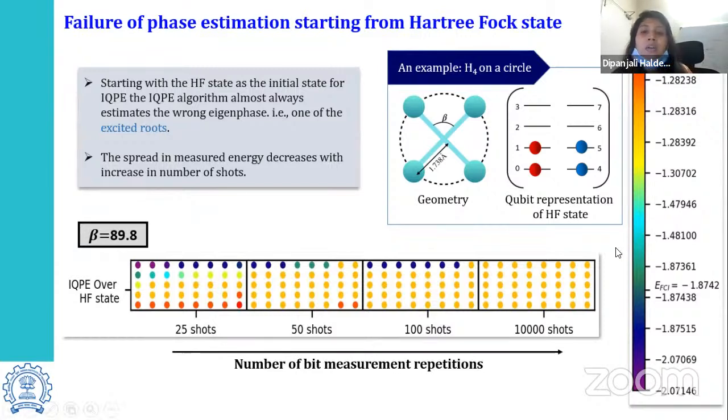The color of the dots falls in the orangish-reddish region, which denotes an excited eigenroot. We have also marked the EFCI, that is the FCI exact energy, which comes in the greenish-bluish region. So we can see that starting from the Hartree-Fock state, it is never the case that we go to the correct eigenphase.